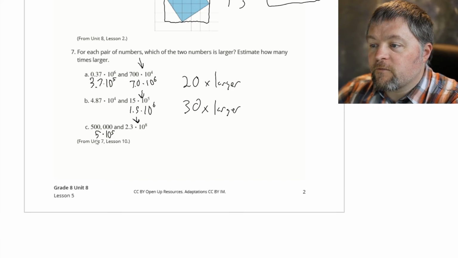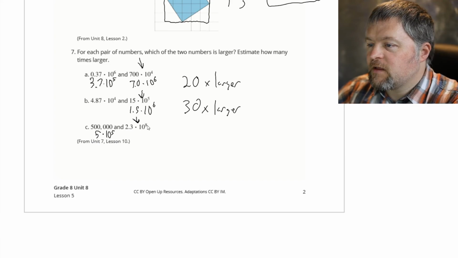Well, to go from 5 to 2.3, that's about 2.5. So 5 into 2.5, except we have 3 extra decimal places.